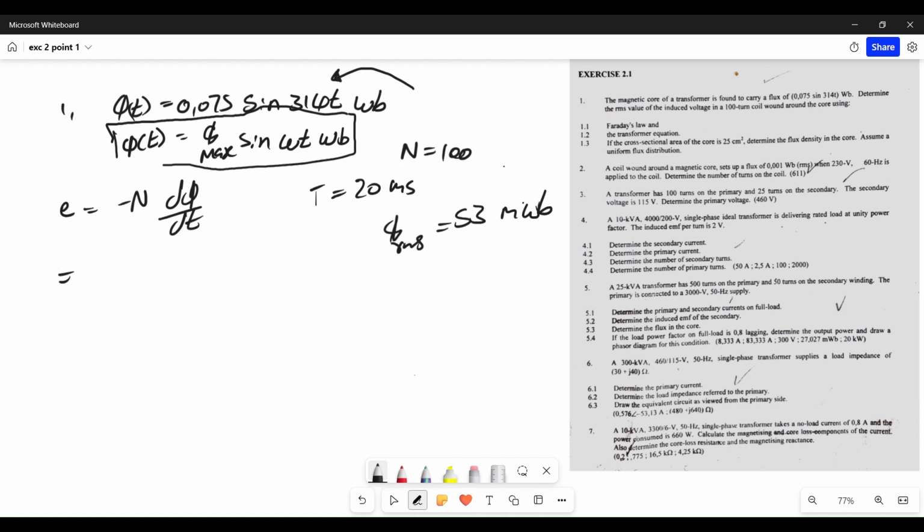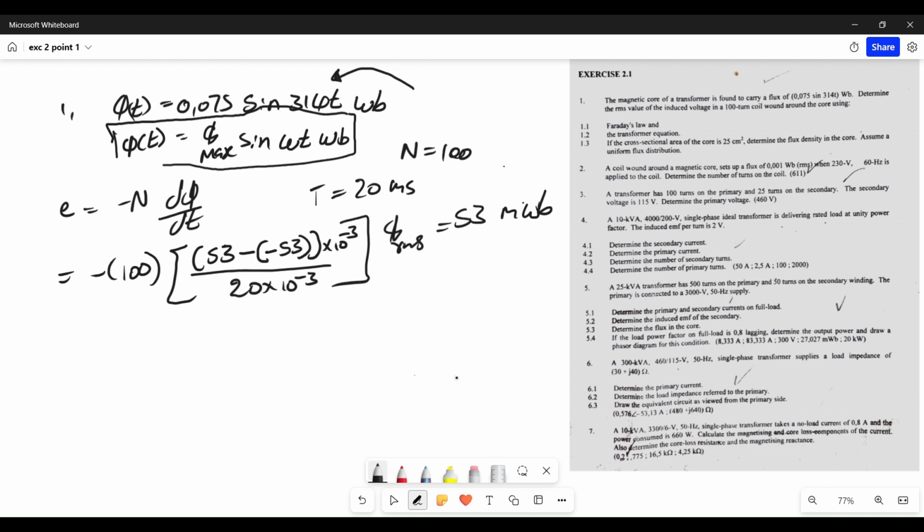So this is equal to minus 100 into 53, subtract final minus minimum. Minimum is negative because it's the negative axis of the signal. Times 10 to the minus 3 divided by 20 times 10 to the minus 3.